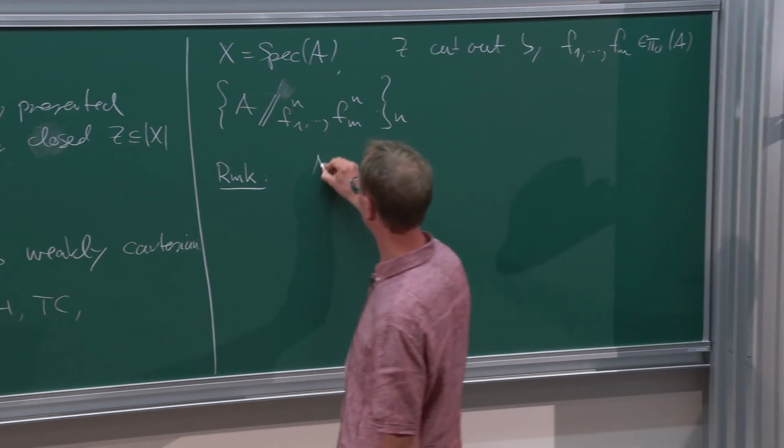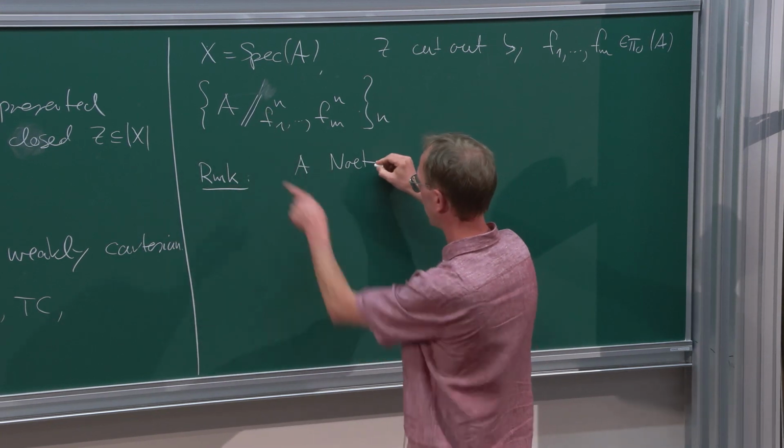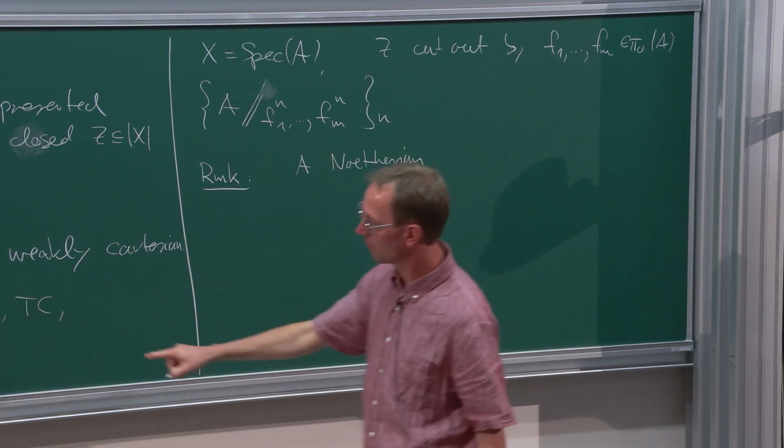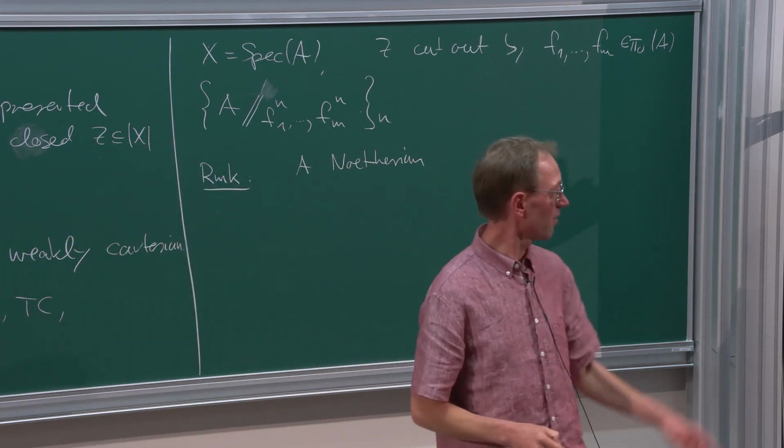But of course if A is Noetherian, why do these derived quotients appear in this theorem?